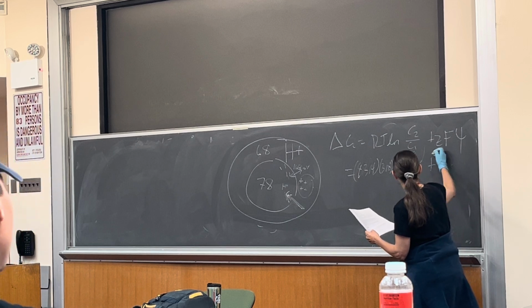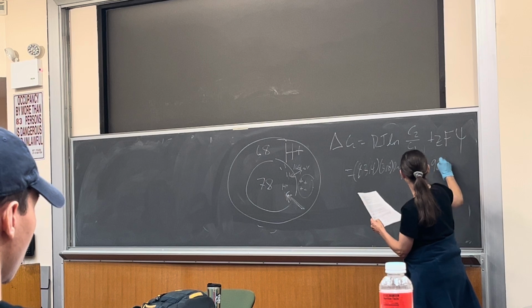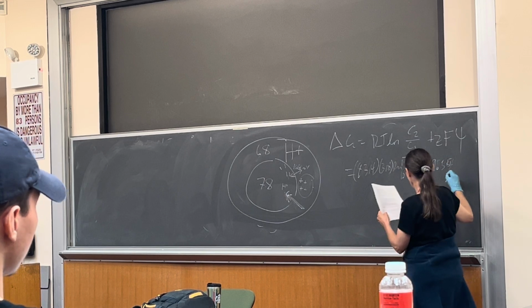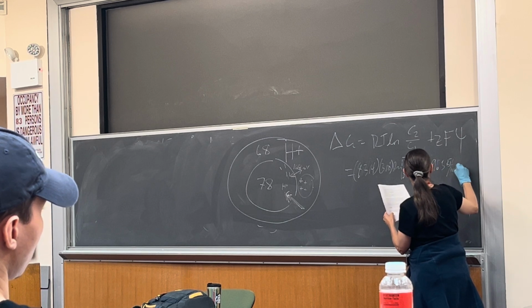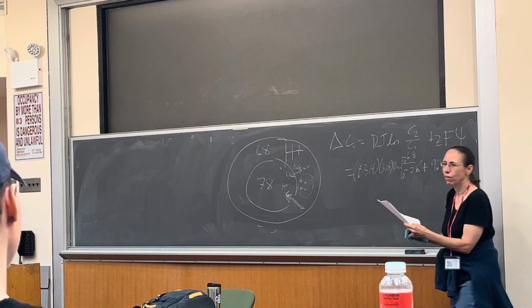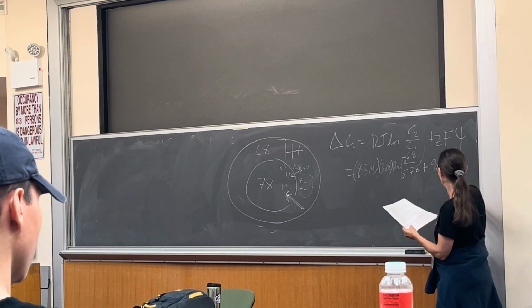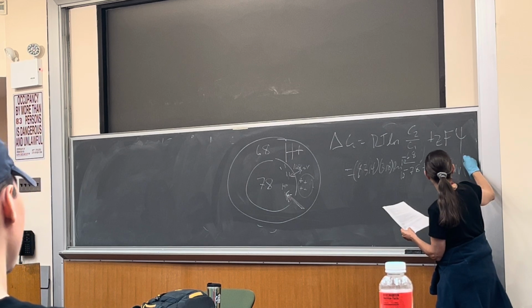So Z is 1. Faraday's constant is 96.5 kilojoules per mole volt, so you have to remember that it's in different units. Now you have to convert to volts to get this correct. The membrane potential is 0.168 volts.